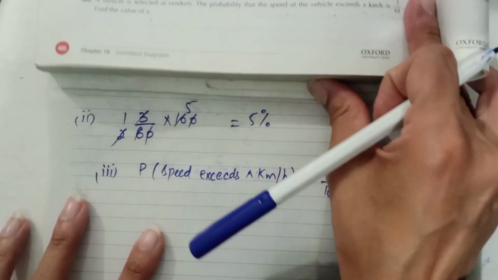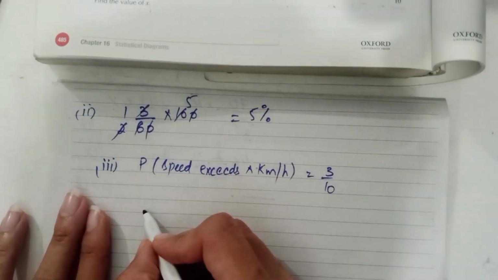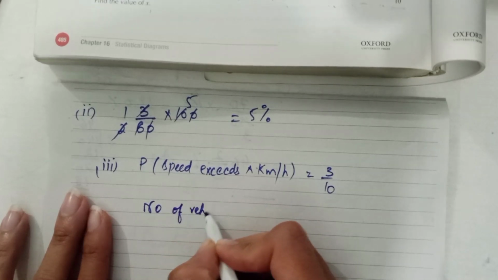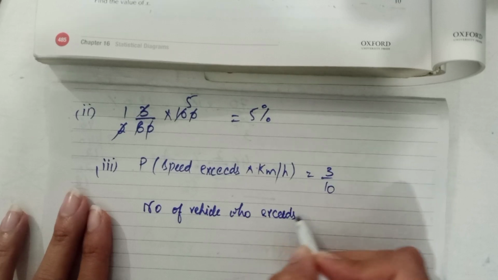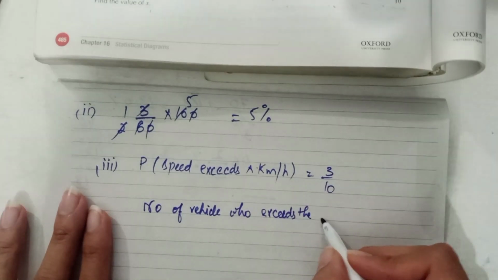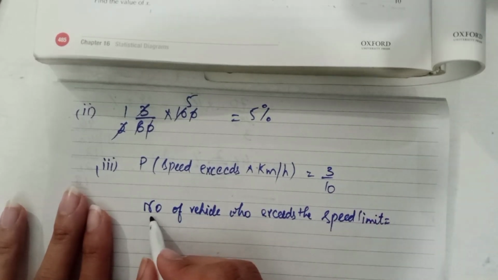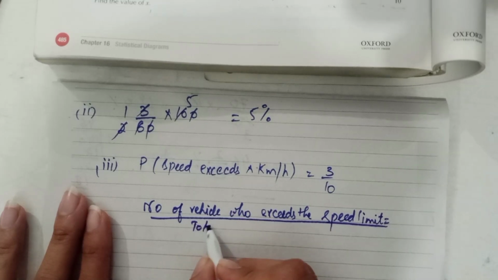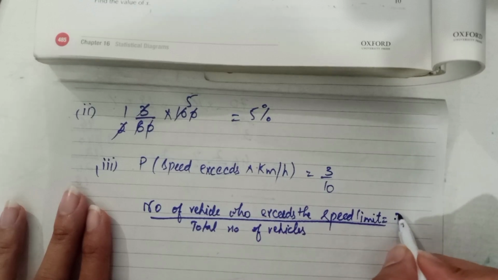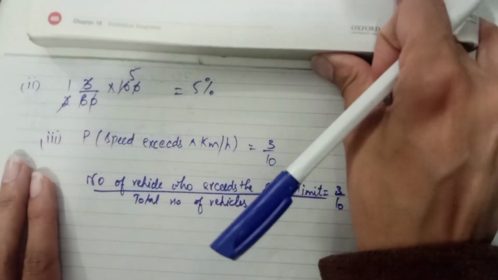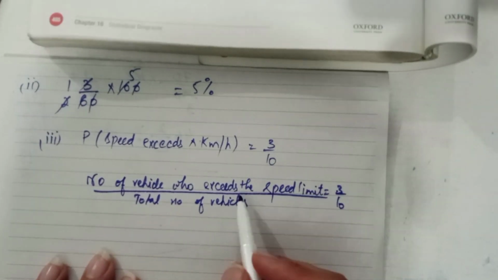And we have to find the number of vehicles who exceed the speed limit over the total number of vehicles, which is equal to 3/10.